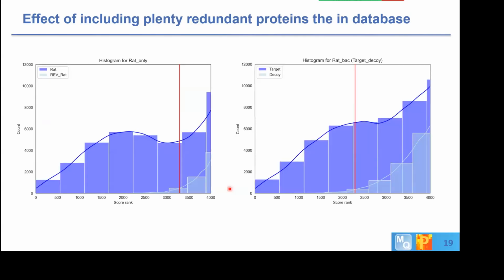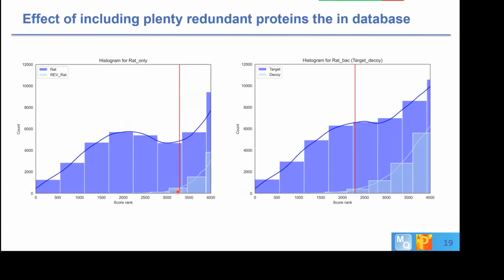If you plot the histogram of all the identified PSMs, you can see that the left side is the result when you do the database search only against the rat database. When you do FDR control, you rank all the identifications and count the ratio of the decoy matches, and once it reaches 1%, it stops.